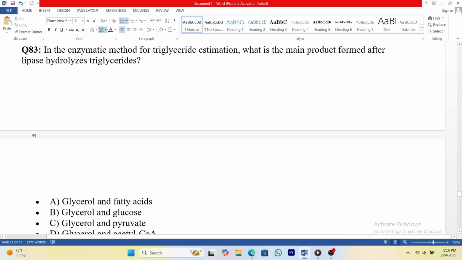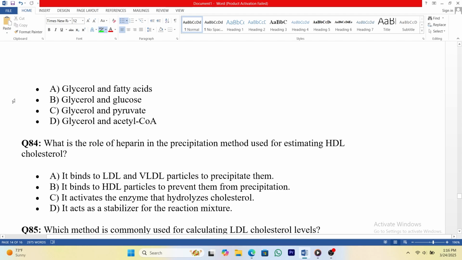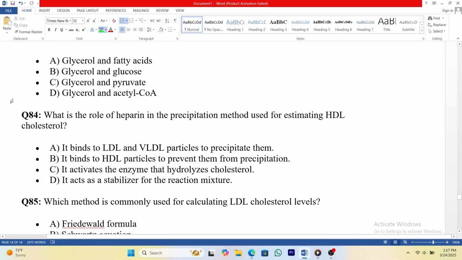83. In the enzymatic method for triglyceride estimation, what is the main product formed after lipase hydrolyzes triglycerides? A. Glycerol and fatty acids. B. Glycerol and glucose. C. Glycerol and pyruvate. D. Glycerol and acetyl-CoA. Answer: A. 84.